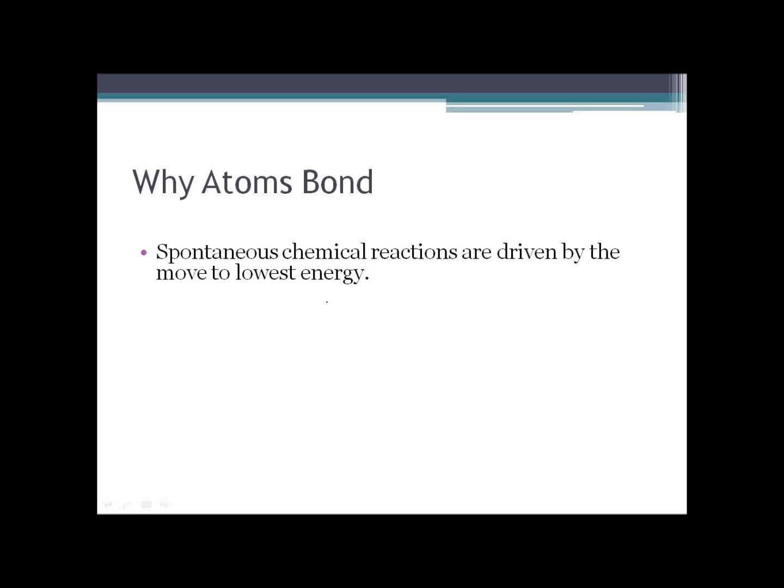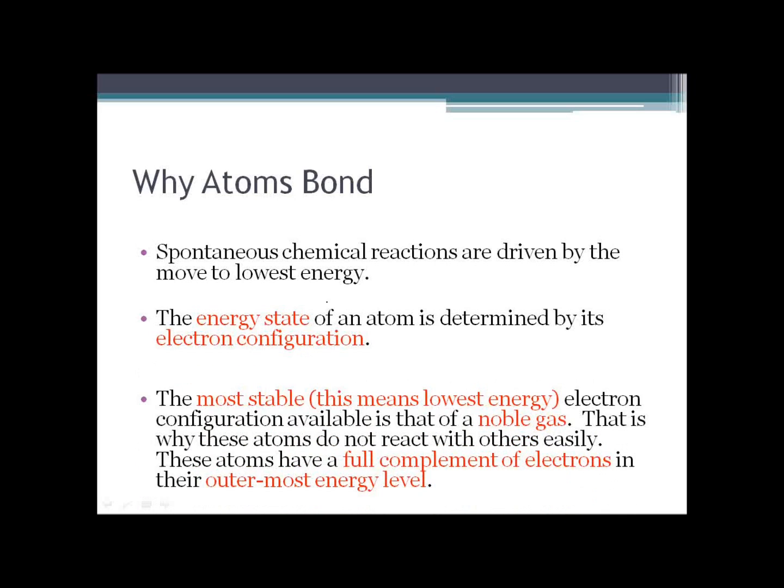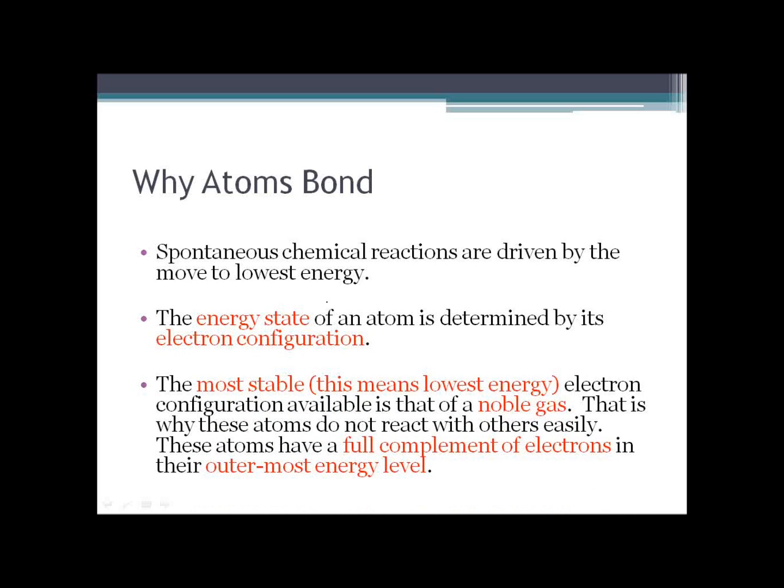Of course you know it's going to do that. It's going to go downhill because that's at a lower energy level. And when chemicals react, they do exactly the same thing. They're trying to get to the lowest energy level and most stable position possible. And of course I've already pointed out to you that electron configuration is actually what determines their stability, and everything's trying to aspire to look like a noble gas.